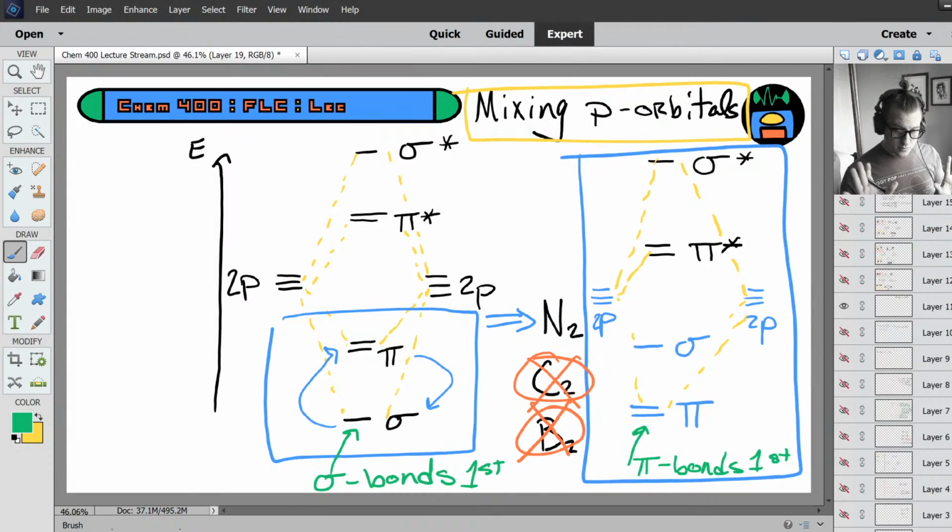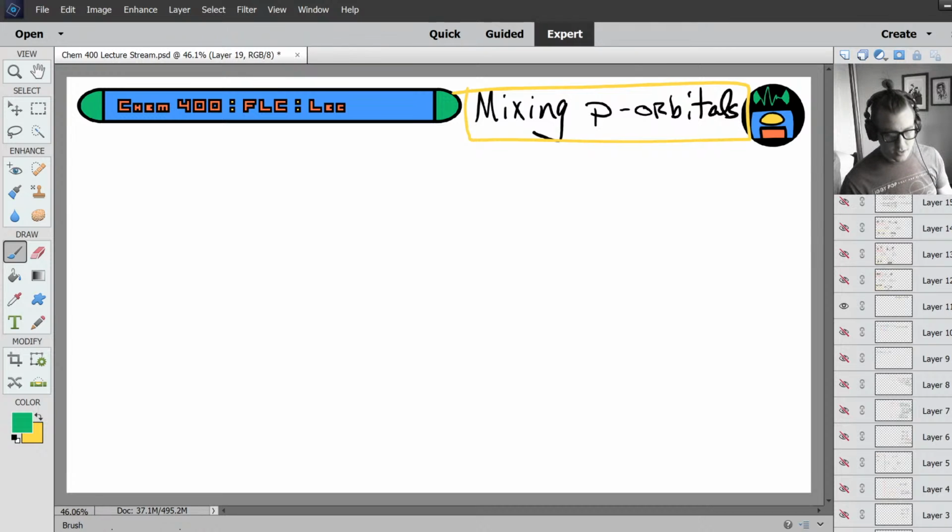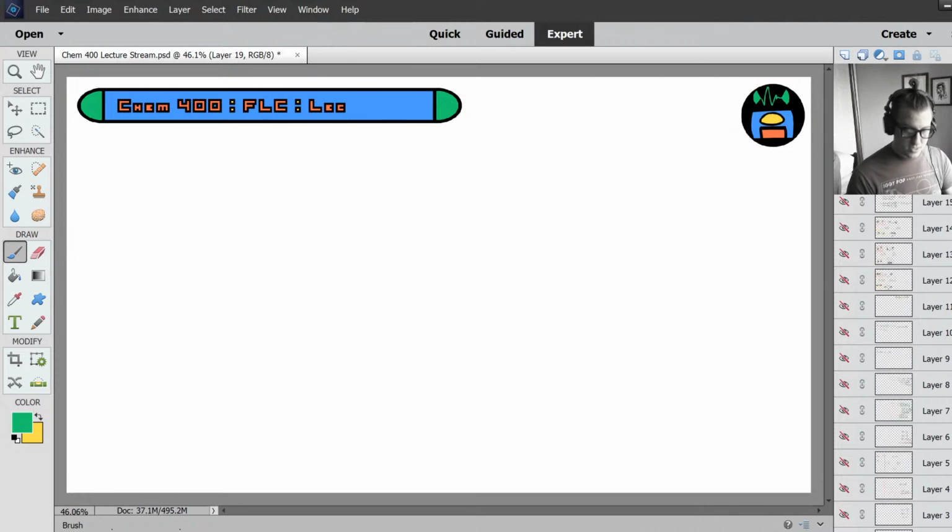All right. Now that we know how to handle the mixing of our p orbitals, we're ready to draw the remaining molecular orbital diagrams for F2, difluorine, dineon, dinitrogen, dioxygen.